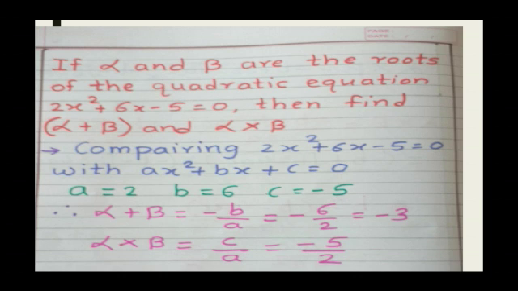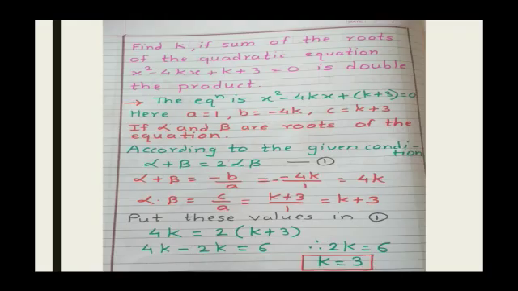Alpha plus beta is equal to minus b upon a, we know this, and put the values, minus 6 upon 2, that is equal to minus 3. Alpha into beta is equal to c upon a is equal to minus 5 upon 2. Therefore answer is minus 5 upon 2.